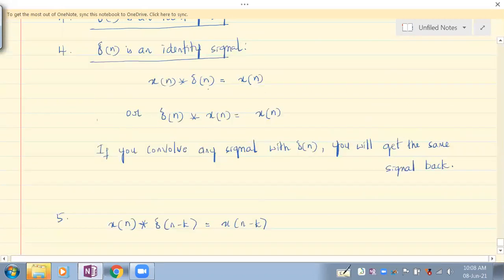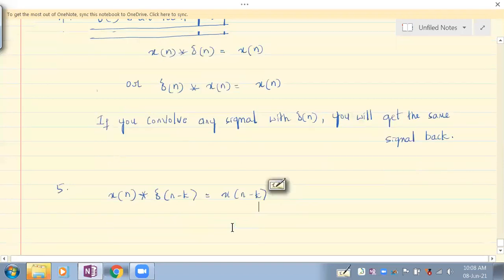If you convolve x of n with delta of n, you will get x of n. So if you convolve x of n with delta of n minus k, you will get x of n minus k.